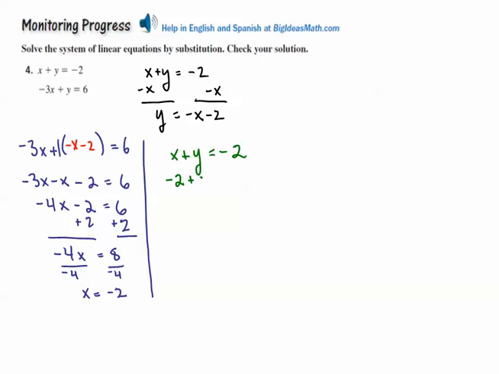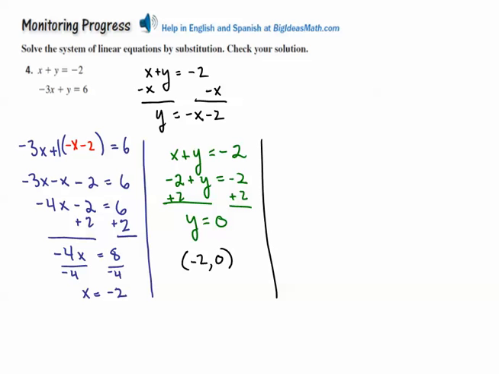Negative 2 plus y equals negative 2. I'm going to add 2 to both sides. When I do, I have y is equal to 0, telling me that my ordered pair solution is negative 2, comma 0.